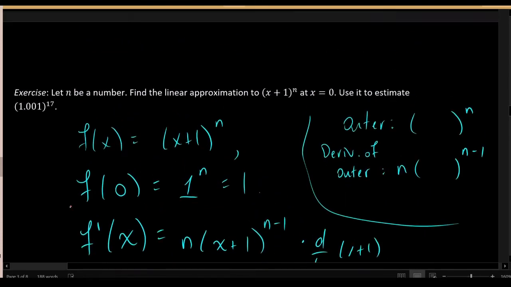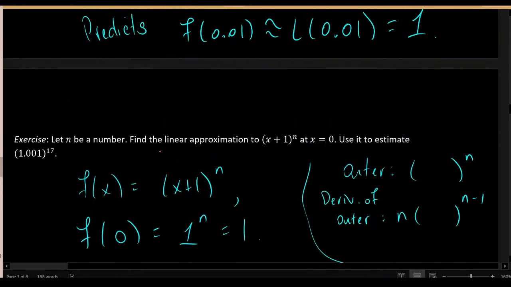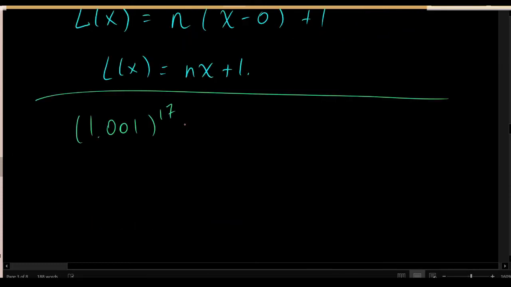Now someone says, okay, follow-up question. Use the linear approximation to estimate the value of 1.001 to the power 17. Now, the question is, looking at this, what is the value of x that is going on in this estimate? Let's compare what we have here to the function f of x equals x plus 1 to the power n.